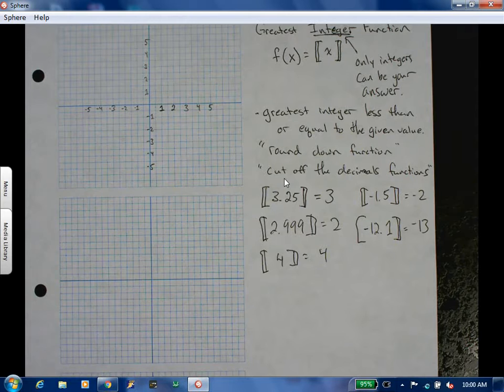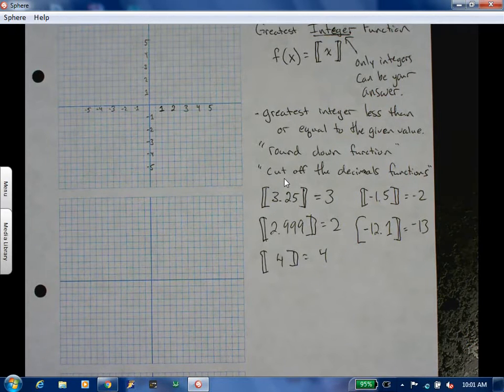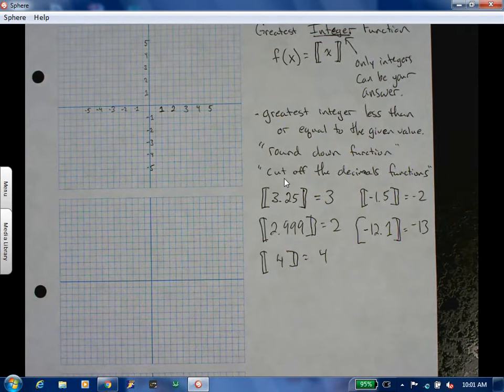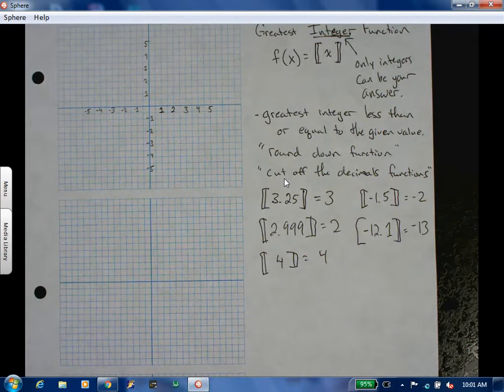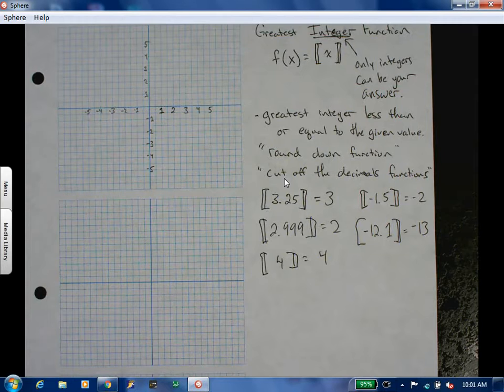So 2 lines is 1. Otherwise, this graph is going to be really, really ugly. So the 1 should be here, because it's half 1. Remember, start at 0, don't start at 1, start at 0.